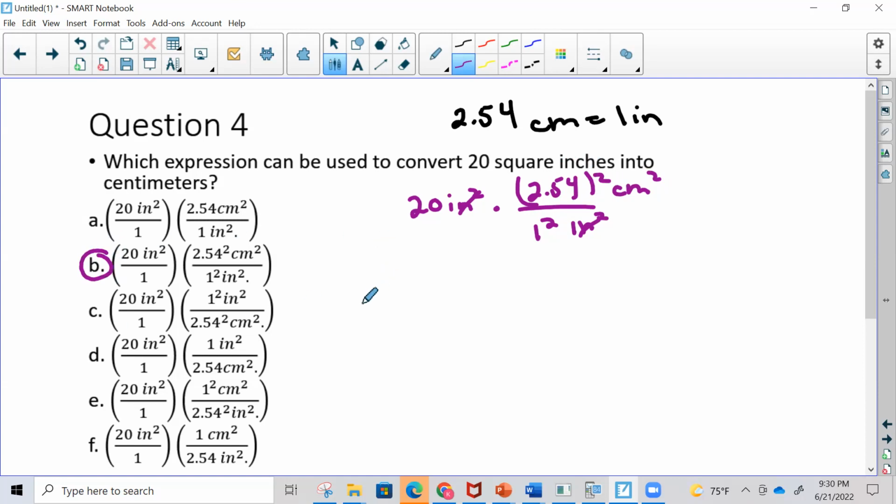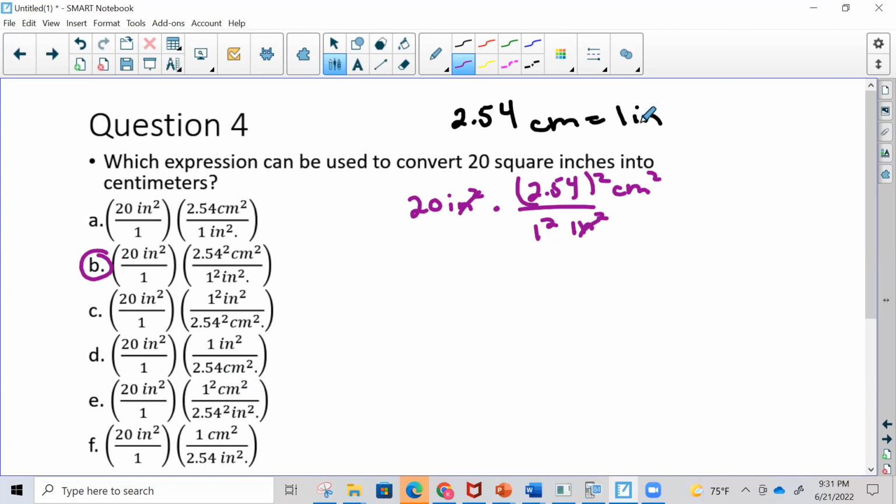We'll just go through and check the others to make sure. C is not right because they have the centimeters on the bottom and the inches on the top, and so those don't cancel. D is not correct because it's not squared, and again, the inches squared don't cancel. This one, they have it backwards.